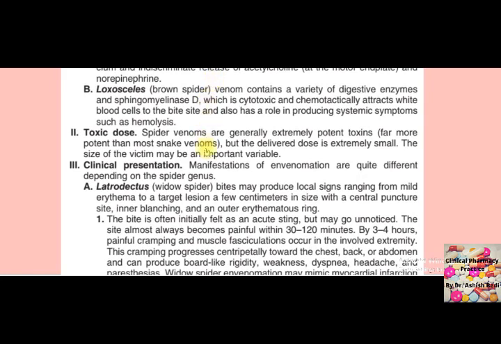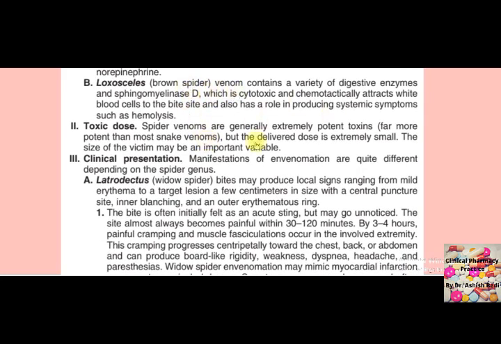But in the case of the brown spider, the venom contains a variety of digestive enzymes and sphingomyelinase D, which is cytotoxic, killing cells, and chemotactically attracts white blood cells to the bite site. It is a chemotactic agent also.